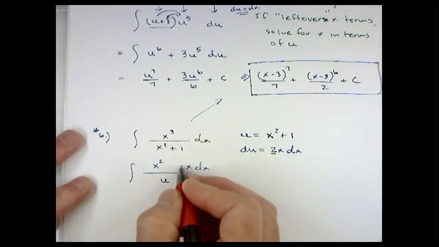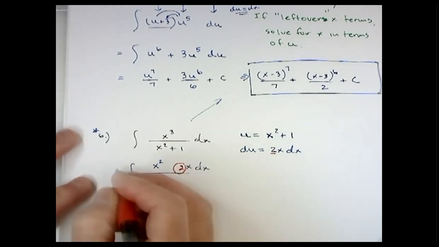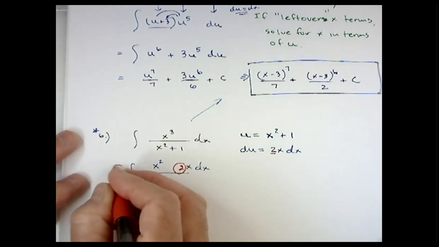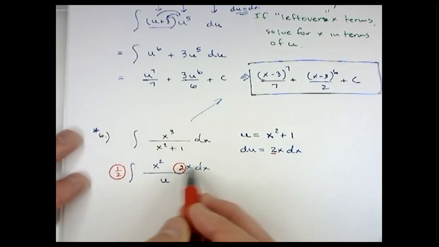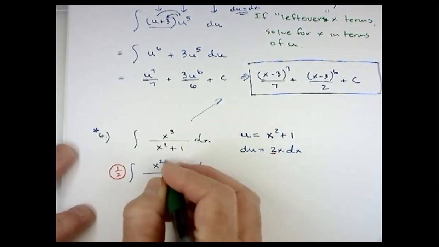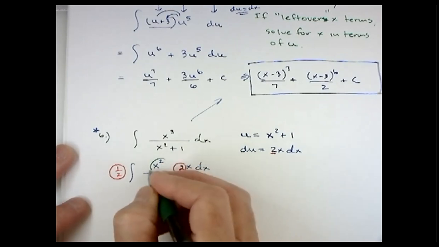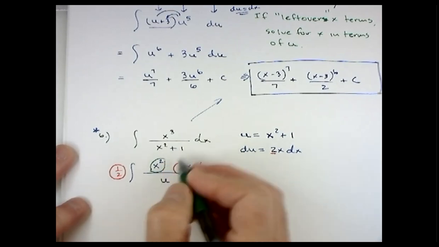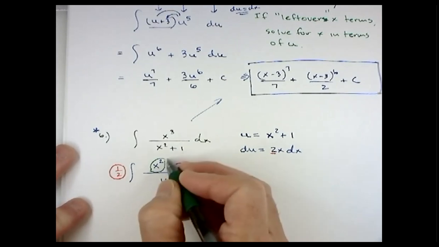I've got x dx, so I'm going to wish for a 2, compensate with a 1/2. So this will now be turned into du, but what do I have left over, right? I have a leftover x squared. But as long as I can change that x squared in terms of u, then I'm okay.